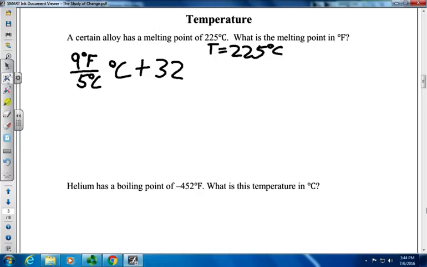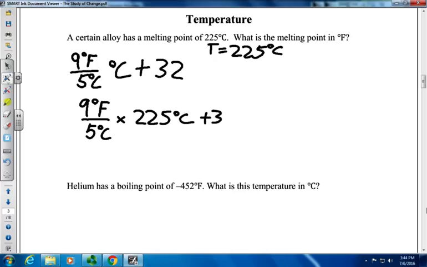Okay? So at this point, we're going to solve the equation in the conversion to Fahrenheit. So 9 degrees Fahrenheit over 5 degrees Celsius times 225 degrees Celsius plus 32.